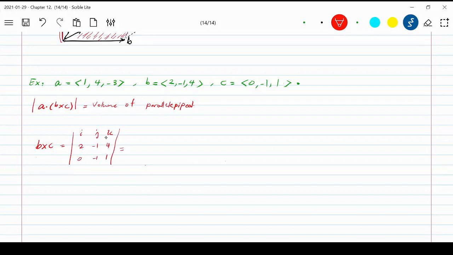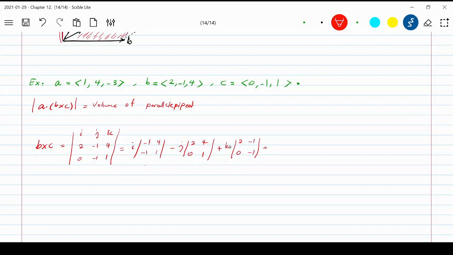And if we do submatrices and calculate this, you would get i times the determinant of negative 1, 4, negative 1, 1. Just make sure that you pick these submatrices correctly. Don't make any mistakes, because the result would be incorrect if you do. Plus k, and this minus sign is important. k times the determinant of 2, negative 1, 0, negative 1.